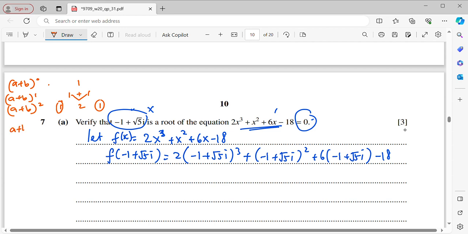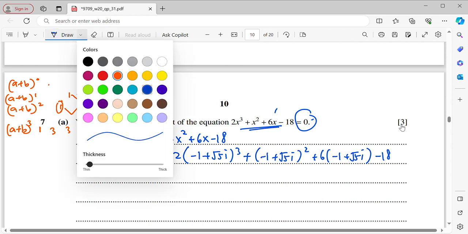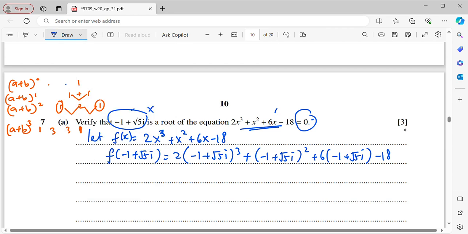So now my a plus b cubed is going to be 1 at the front and at the back. So 1 plus 2 is 3. 2 plus 1 is another 3. So this will be the coefficients of the expansions. Means that I will be getting 2 times: the first one is 1, but then the term is minus 1 cube.